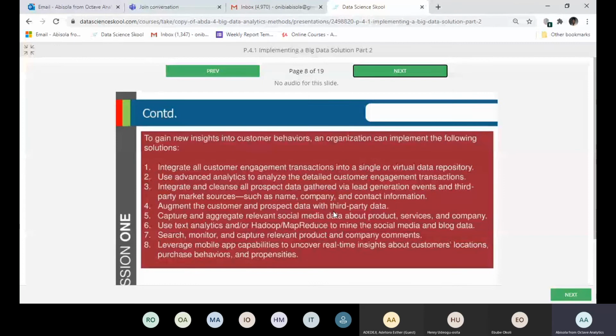So you gather all the information from customer sales, all the information from social media, and put them into one data warehouse. Then you use advanced analytics to analyze the customer data. Then you augment the customer and prospect data with third-party data. So third-party data are data from sources like www.data.gov.